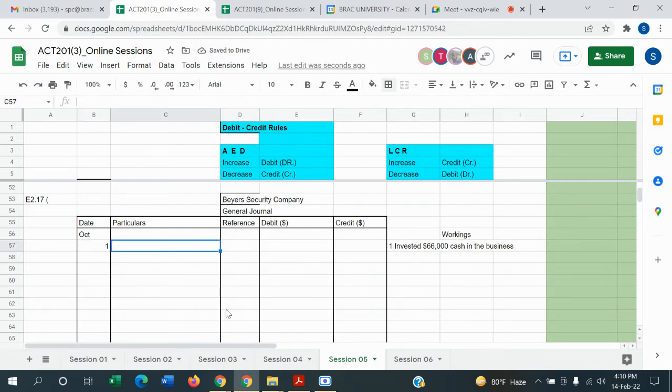We'll do the journal here, but do you need the workings of the transaction analysis part? We definitely have to do it, maybe in mind or as a working. I think we can practice in mind.